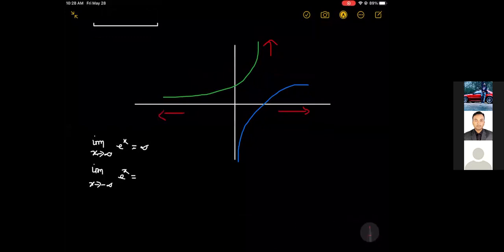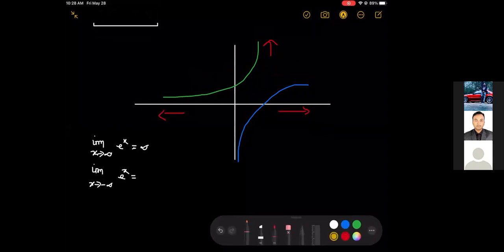What do you think? Where do you think the function e to the x is heading towards? Anyone? Negative infinity as well? Not really. It looks like 0. Yeah, 0, because negative infinity is actually in this direction.